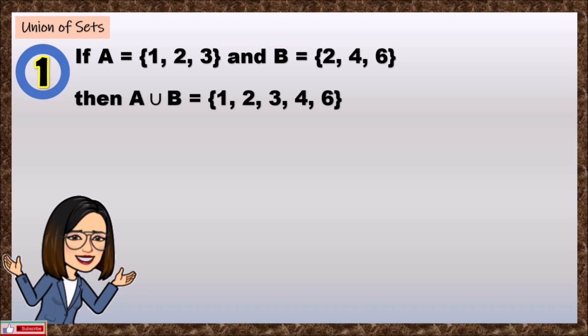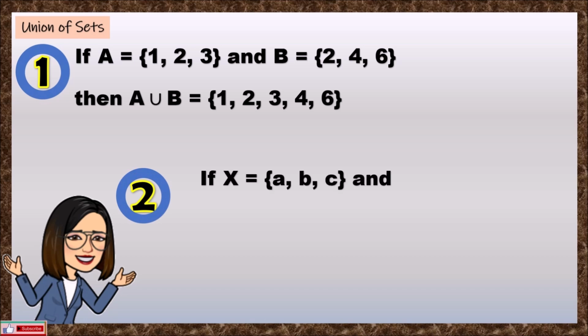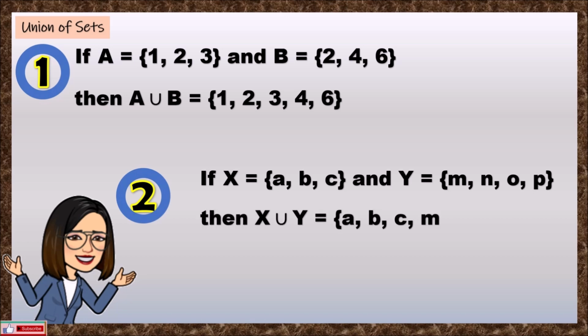Example number 2. If X is equal to a set whose elements are A, B, and C, and Y is a set whose elements are M, N, O, and P, then X union Y is equal to a set whose elements are A, B, C, M, N, O, and P.